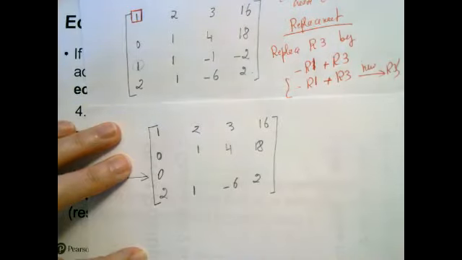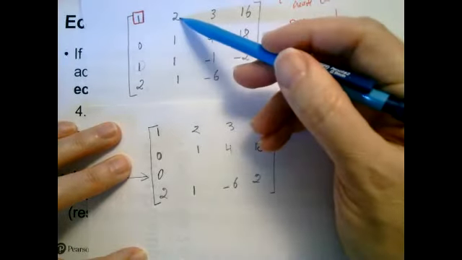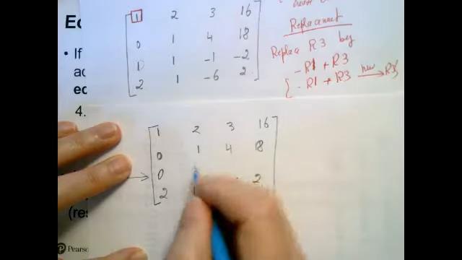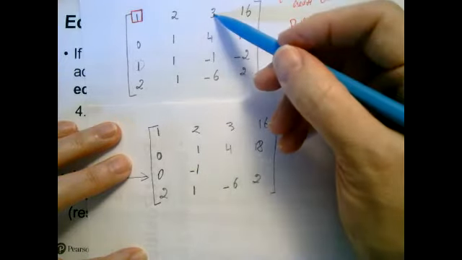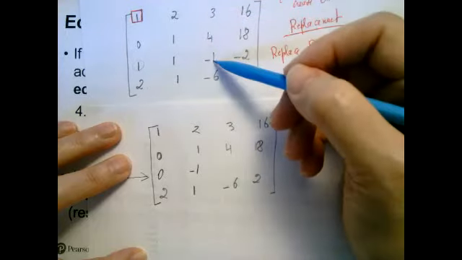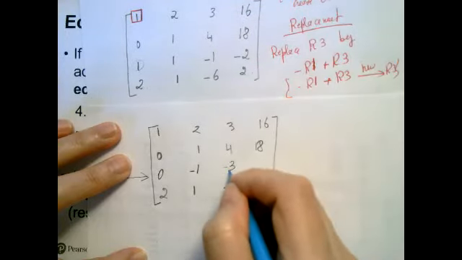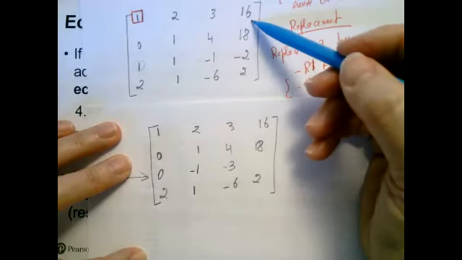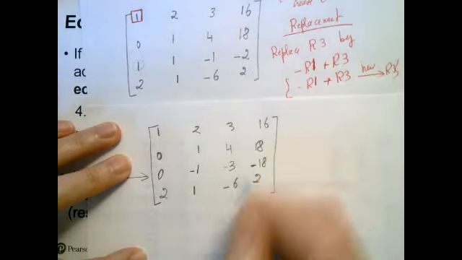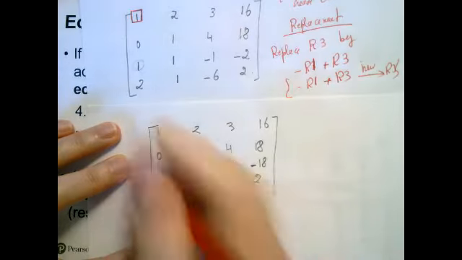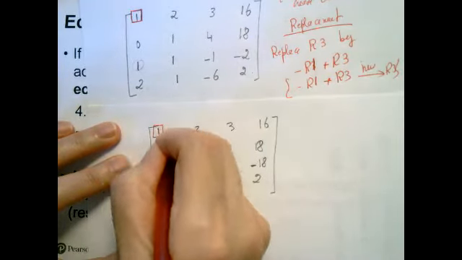That's how I'm creating my zeros. -2 plus 1, -1. -3, -1. Minus that, -16 -2, -18. So first we create a leading in the spot.